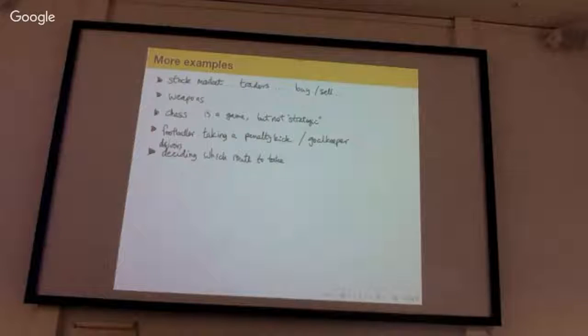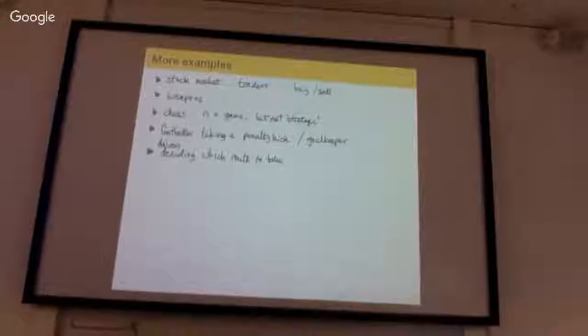The payoff depends on congestion. So if everybody decides to take the same route, it'll be very congested, whereas if they split, then they're generally going to be better off.